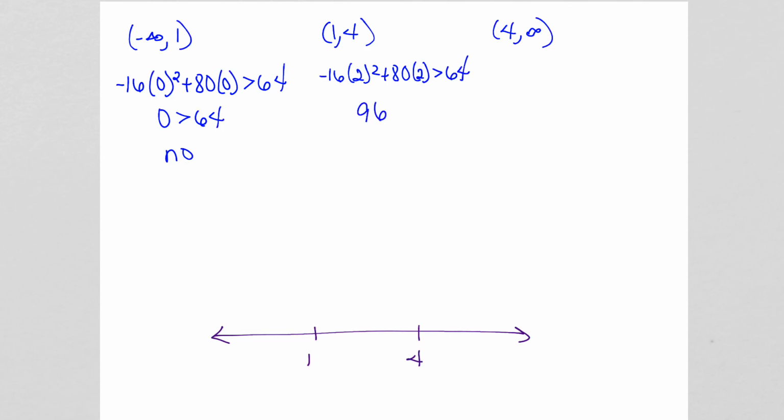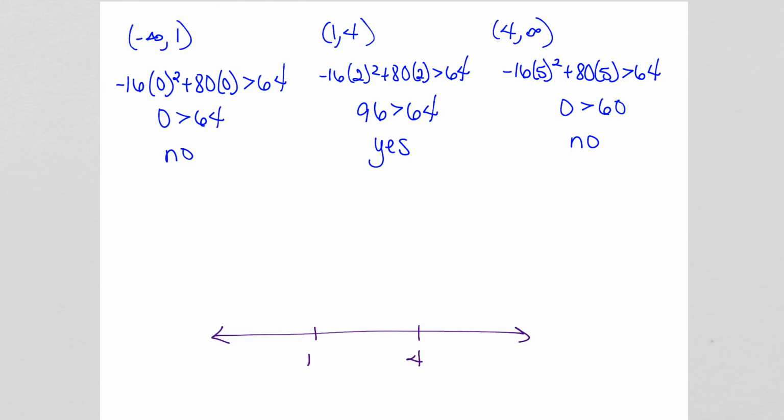We get 96, that is greater than 64. And greater than 4, I'm going to use 5, so we plug in a 5. And we get 0, which is not greater than 64.